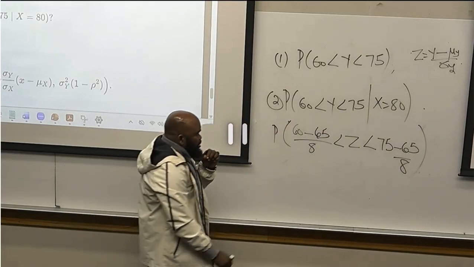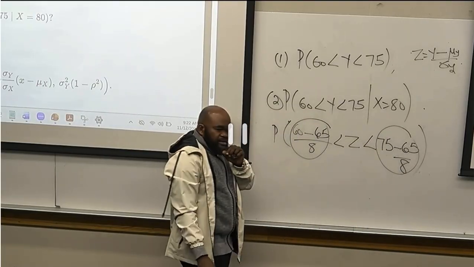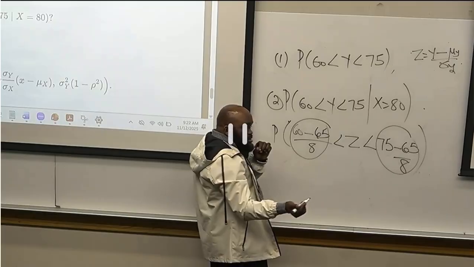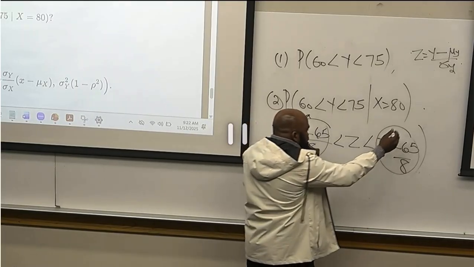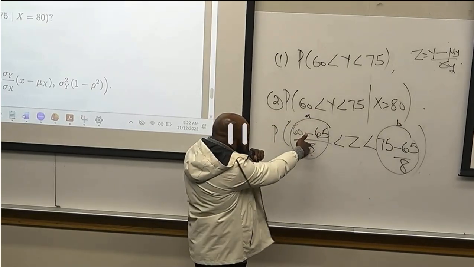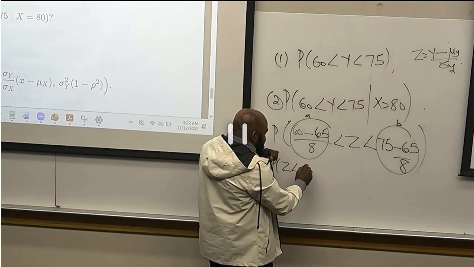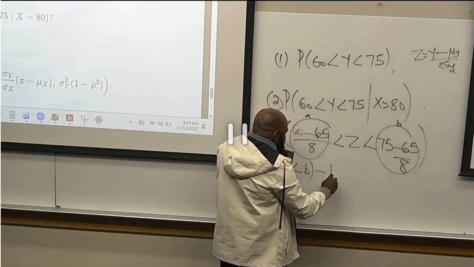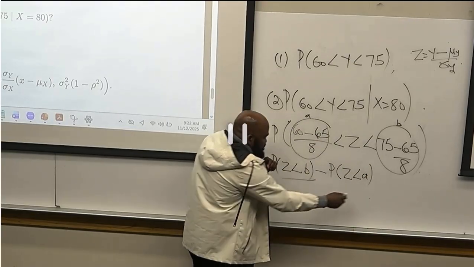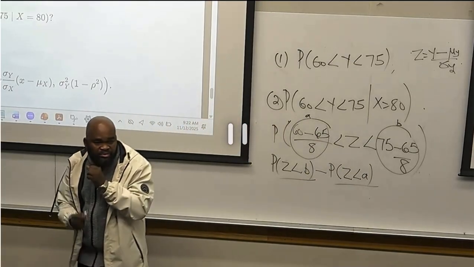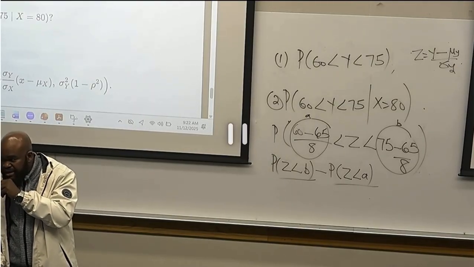Now, whatever you get here, let's say this is A and this is B, you use your calculator. Then I'm going to have the probability of Z less than B minus the probability of Z less than A. You check the two from the table. Like I said, the statistical table will be provided.